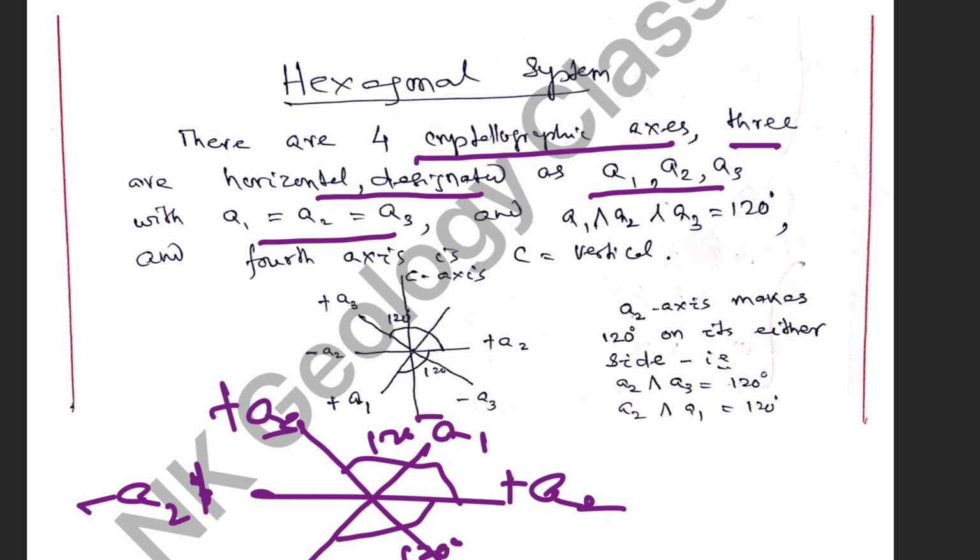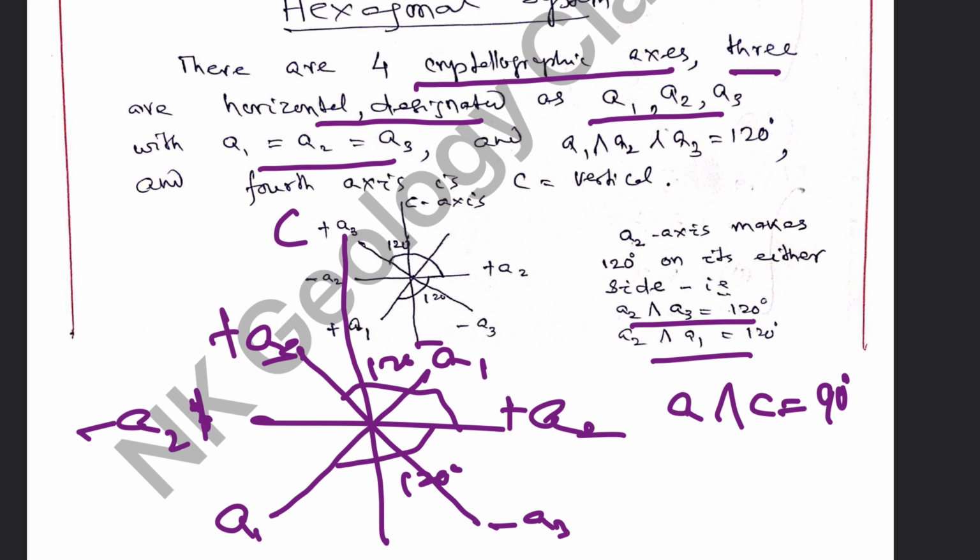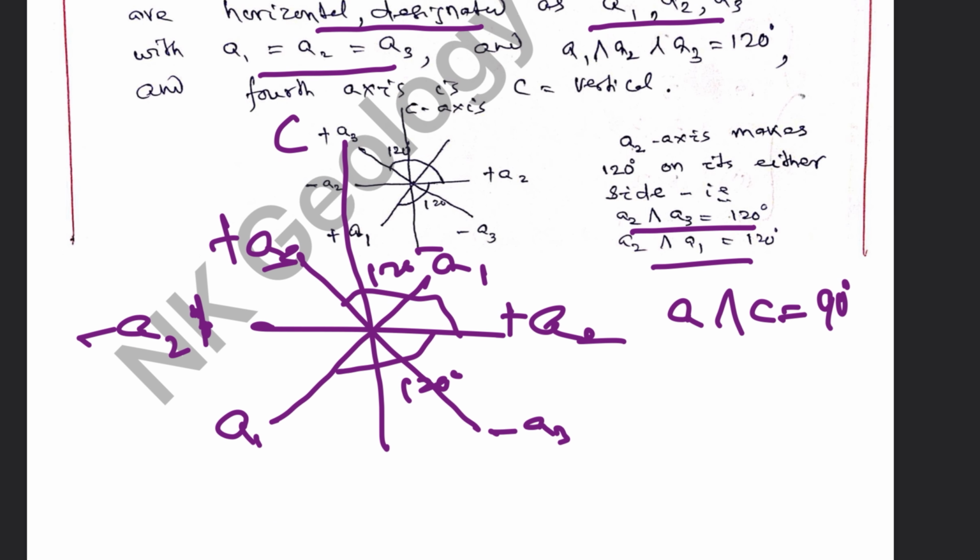So these are the 3 horizontal axes, and we have one vertical axis C, which may be shorter or longer compared to the horizontal axes. The angle between A1, A2, A3 is 120 degrees, and A with C is always 90 degrees. So this is the axial relationship in the case of the hexagonal system.